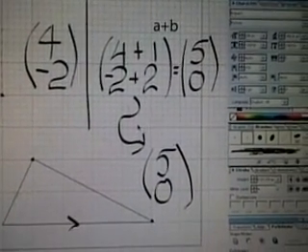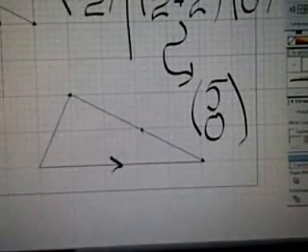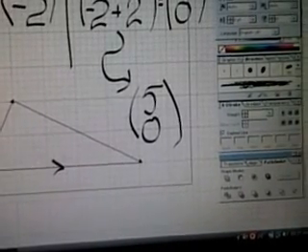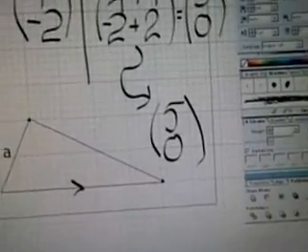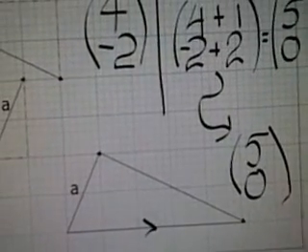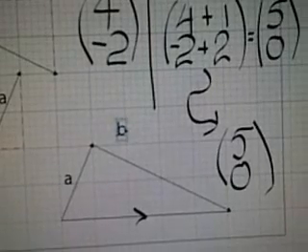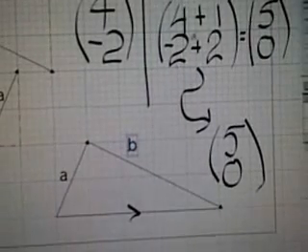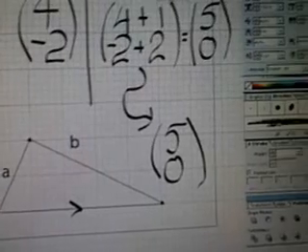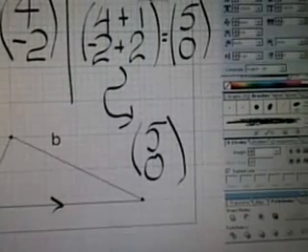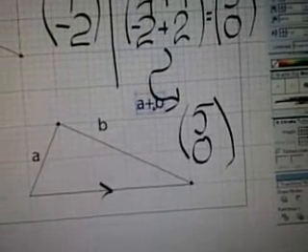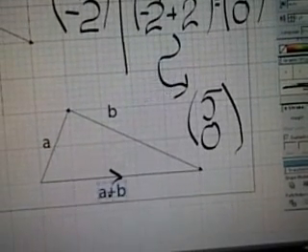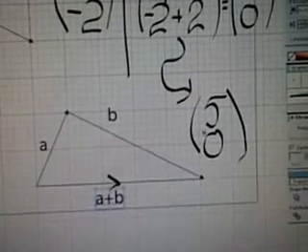So this here represents what we actually did graphically. We took A plus B, and we got the vector A plus B, which is 5, 0.